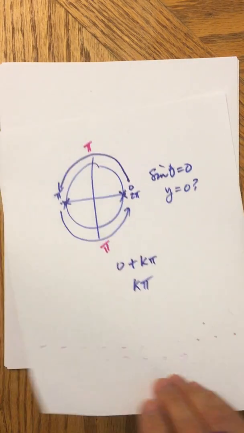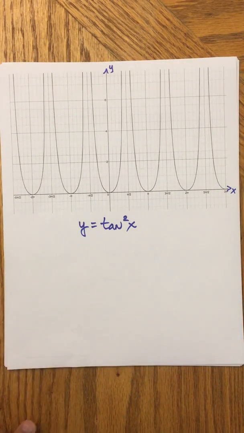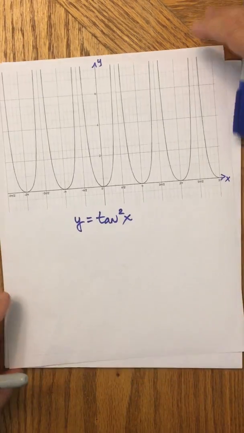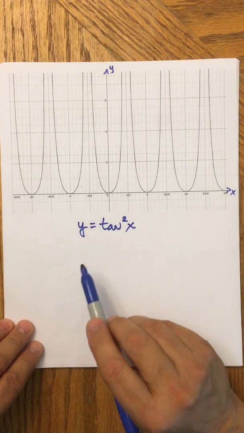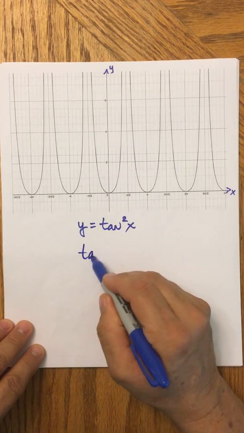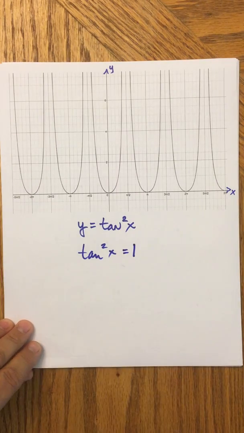All right, let's try another one. So let's say I want to solve for where tangent squared x equals 1.